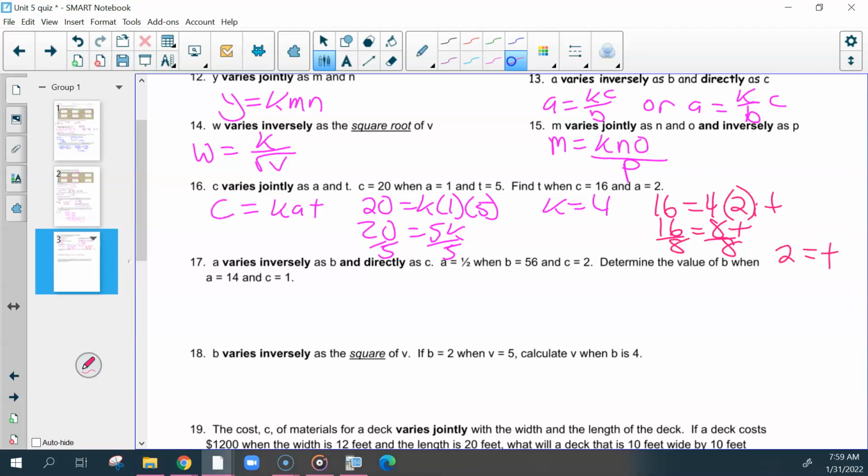And our final answer would have been 2 equals T. So this was worth 5 points: 1 for setting up the equation, 1 for the work to find K, 1 for your K, whatever value you get, 1 for the work to find T, and then 1 for whatever your value of T was.